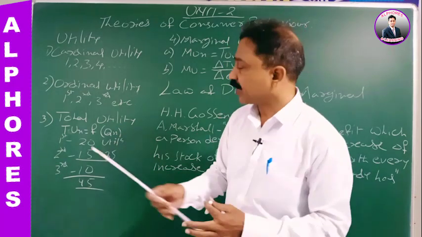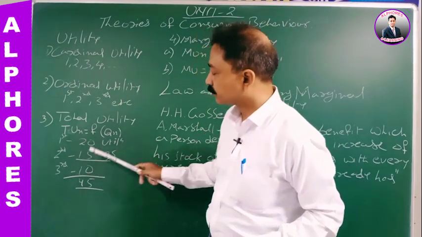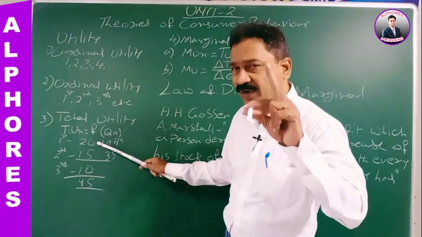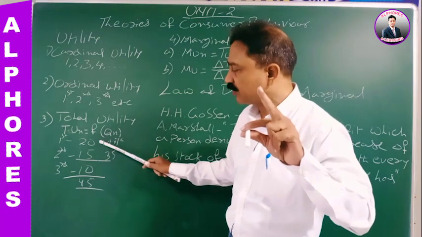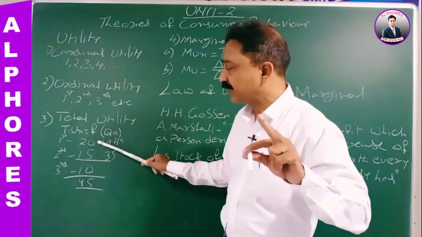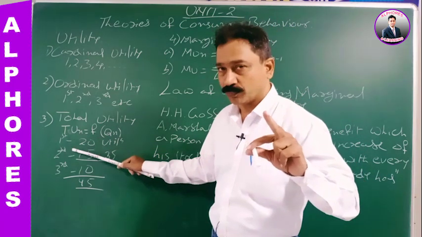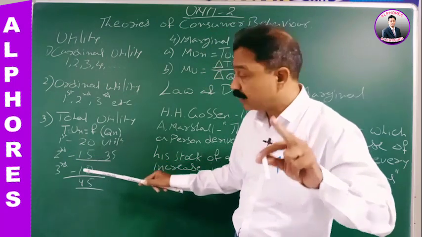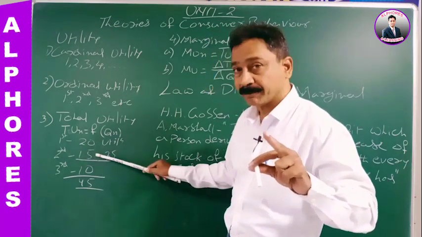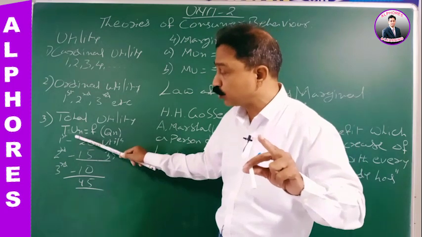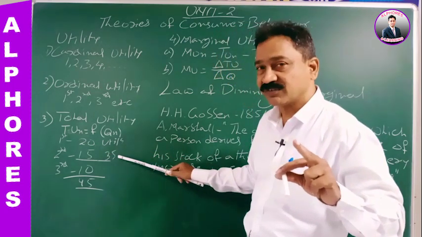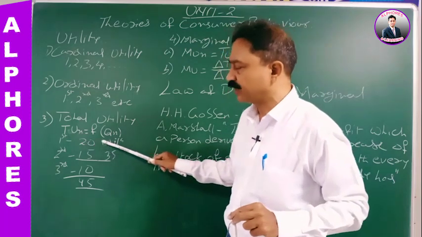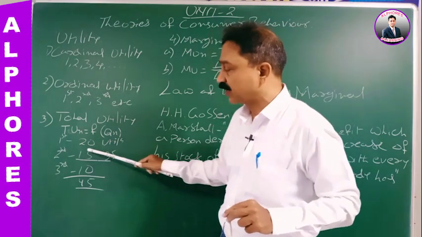For example, as the quantity increases, total utility also increases. With the first, only 1 unit, you got 20 utils. As the quantity increased to 2, not 1 anymore, from the second you got only 15. See, listen here. From the second you got only 15. But 1 and 2 put together, you got 35 utils of satisfaction. You are getting the exact idea? Don't get confused. From 1 you got 20 utils. From the second you got 15 utils.